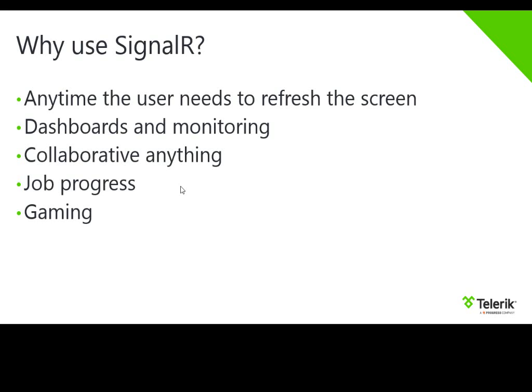With SignalR or real-time functionality, every time the leaderboard is seen, it can show the latest and greatest scores, and if a score changes while I'm looking at the leaderboard, it will be updated instantaneously because the server pushed the real-time data. That's where you can start making use of this real-time functionality, and SignalR can be used as one of the APIs, or one of the technologies, for that.